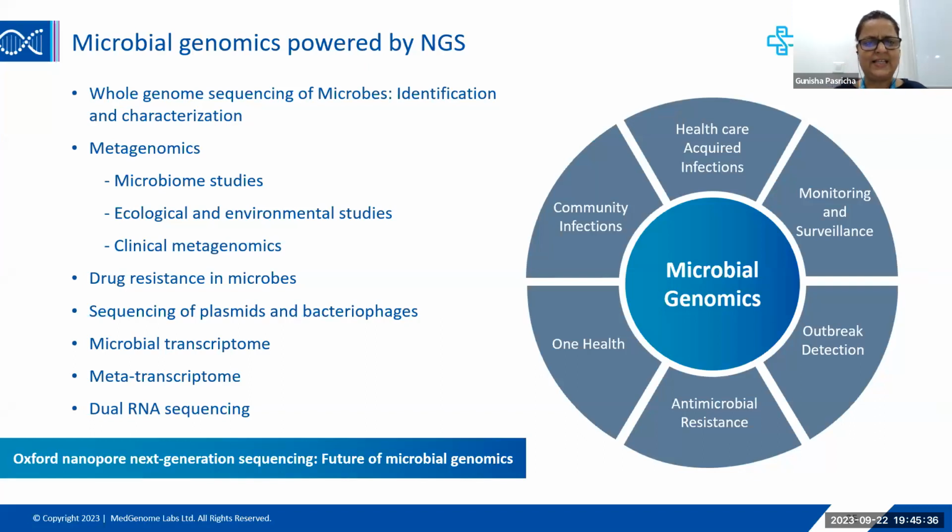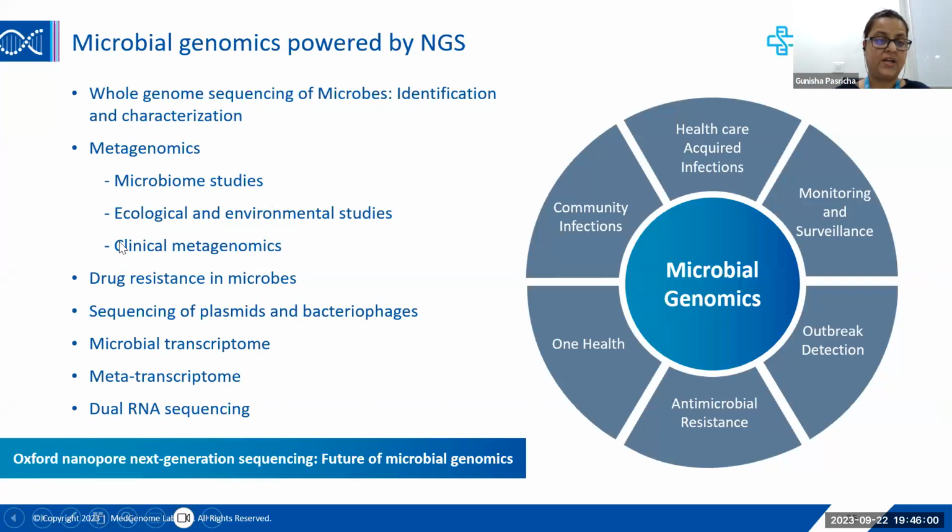This slide talks about the power of NGS and microbial genomics. This is not about sepsis, but I thought I could talk about it. There is more and more interest in microbial genomics, where apart from whole genome sequencing of microbes, there is interest in metagenomics, which I talked to you about in detail.